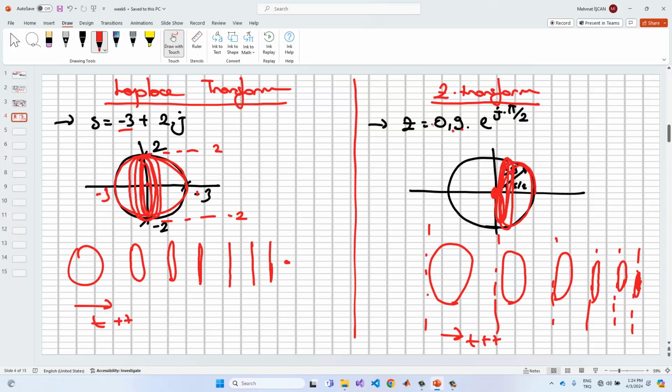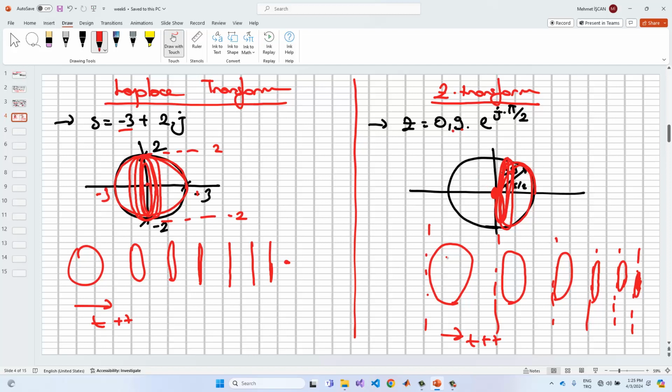If we have the -0.9, at each time we can search the whole area just like this one, okay? This is the root plane, okay? This is the stability rule for the Z transform, but I will talk about it later.